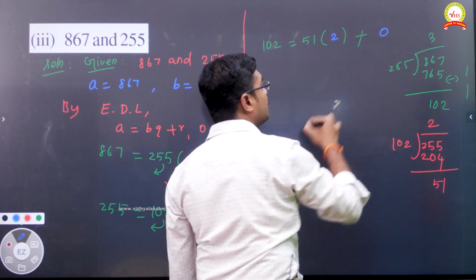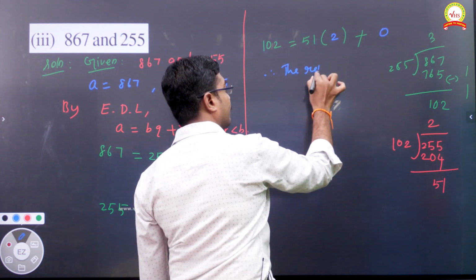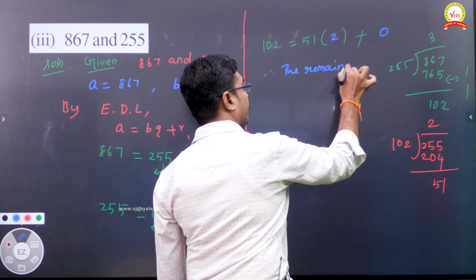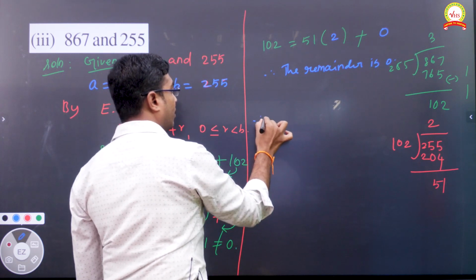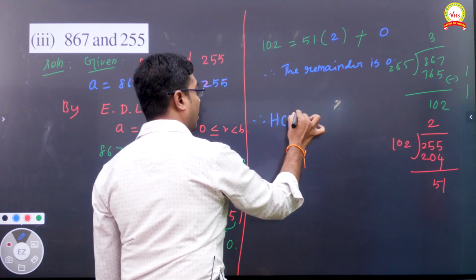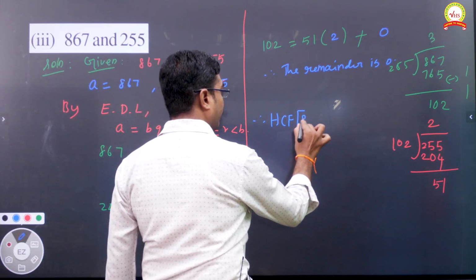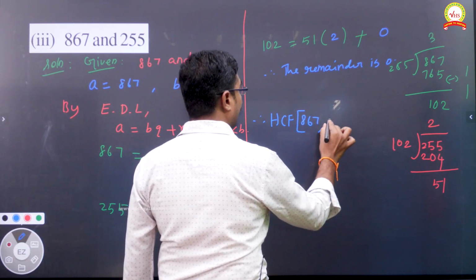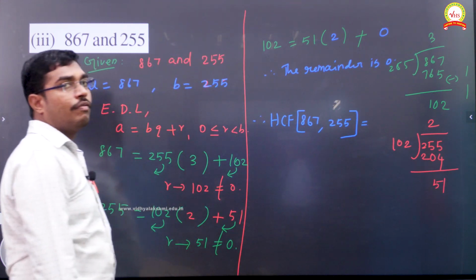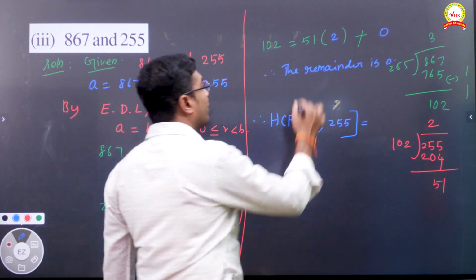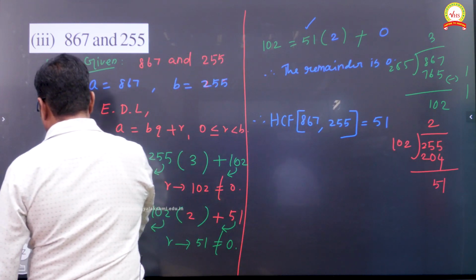So the remainder will come 0. Therefore, the remainder is 0. Therefore, HCF of the given numbers 867 and 255 is equal to the divisor, 51. So this is our answer.